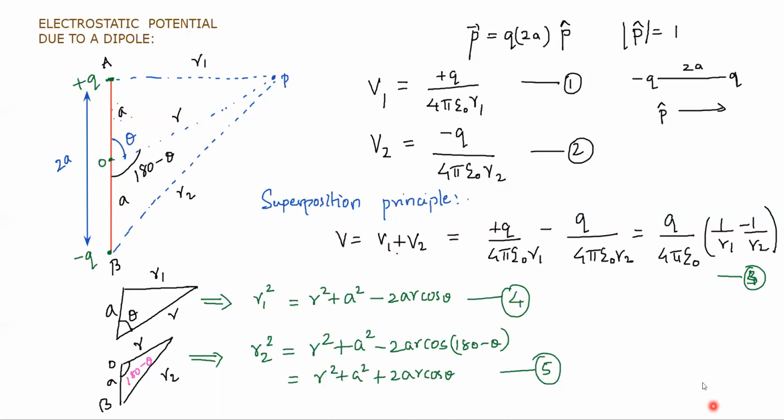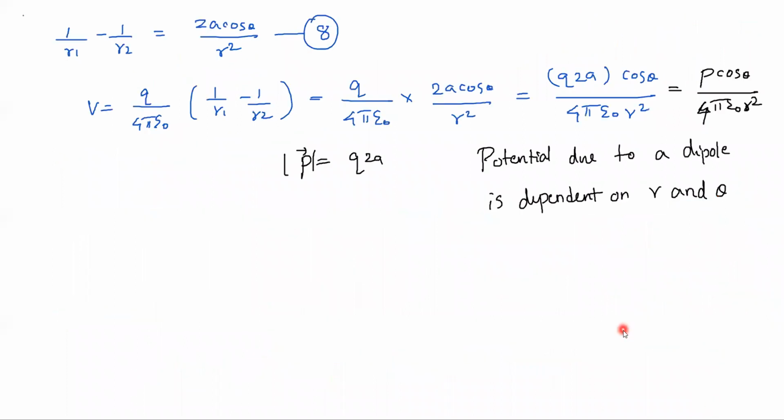Sir, I have a doubt. Yeah, sure. In this, we get that 1 by r1 minus 1 by r2 is equal to 2a cos theta by r square, no, sir? Exactly, right. Then r square is very large and a is very small.